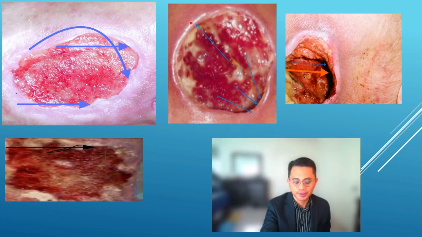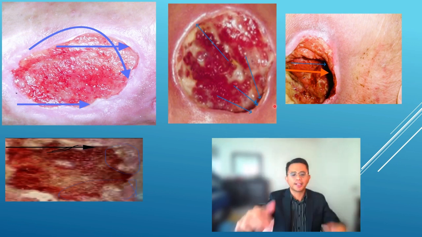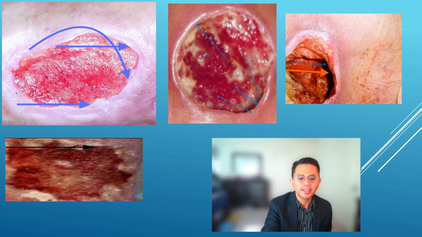The other way for these edges to curl in is that even if, assuming the wound base is granular and they were able to attach themselves to the granulation tissue, if the wound base is so dry, the epithelial cells cannot migrate over a dry wound base.